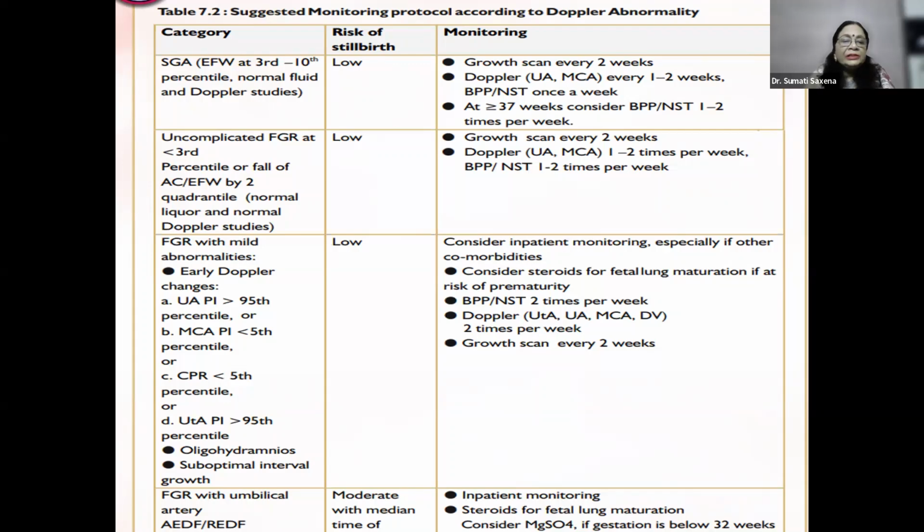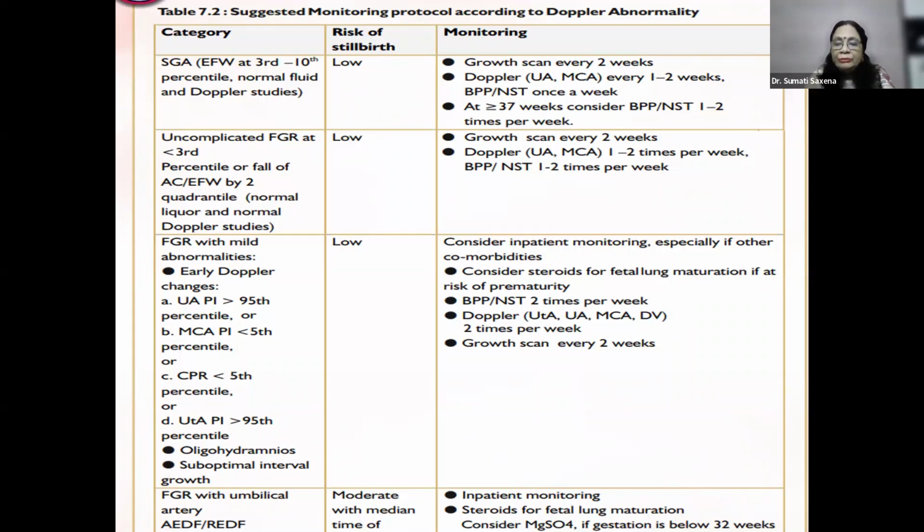But if the fetus has mild abnormalities, like on Doppler, umbilical artery PI more than the 95th percentile, MCA less than the 5th percentile, or cerebroplacental ratio less than the 5th percentile, or uterine artery PI more than the 95th, plus oligohydramnios and suboptimal interval growth, then you consider inpatient monitoring, especially if there are other comorbidities.